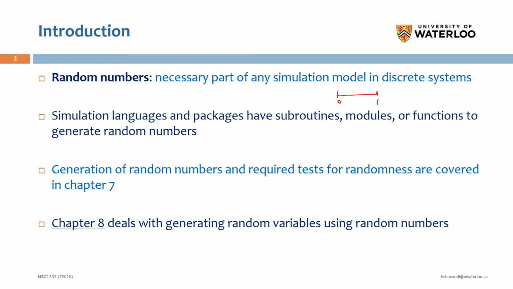So generating a random number is a necessary part of any simulation model. And we know that packages like Arena have subroutines or modules or functions to generate random numbers. Even Excel has it. In Excel we have the RAND function, and this function generates a random number, right?